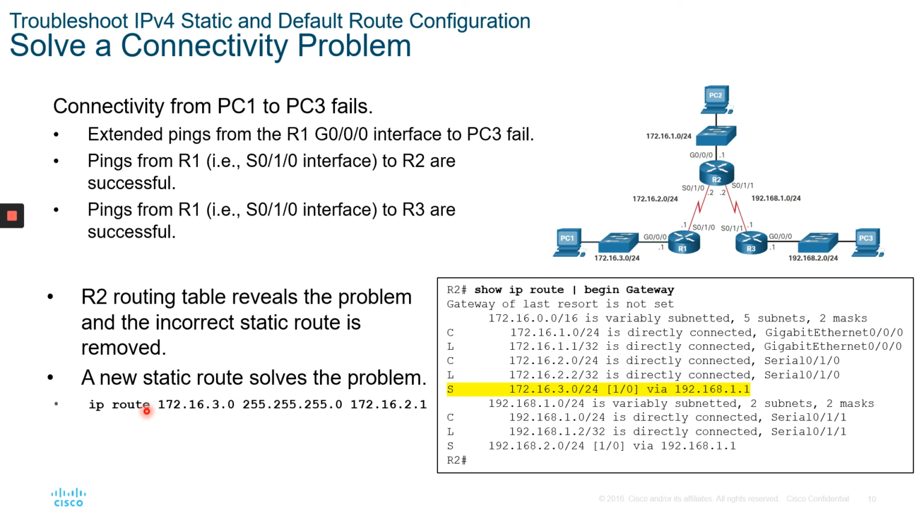So you have ip route, which is obviously the syntax. Then you've got this network address, which is just over here, and then you've got this subnet mask, 255.255.255.0, which means it's a 24-bit address. That's why you've got 24 and then 0.